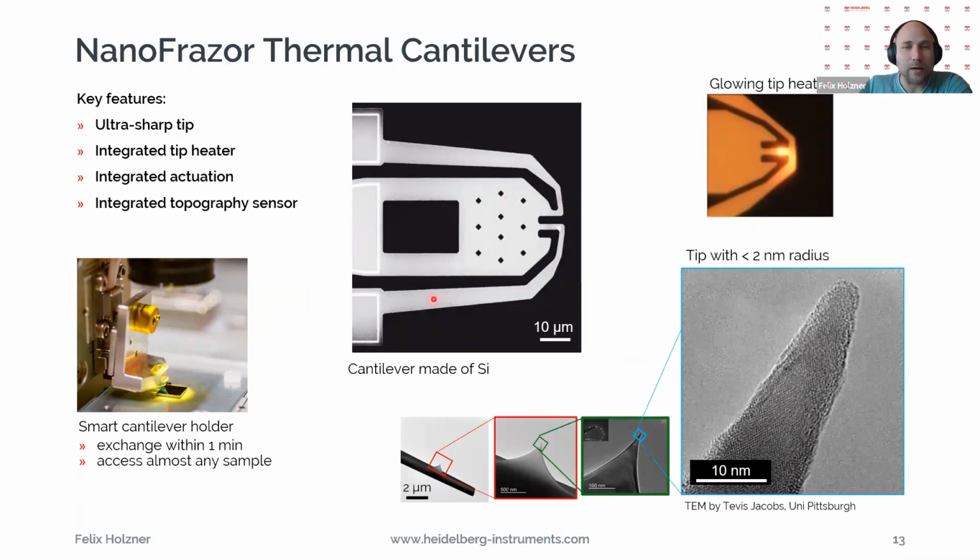Also very important, not like usual AFM cantilevers, they have an integrated electrostatic actuation to move the cantilever electrostatically, very fast and accurately, up and down. And we have an integrated sensor, sitting where I point here, doing the AFM imaging and also other calibrations.